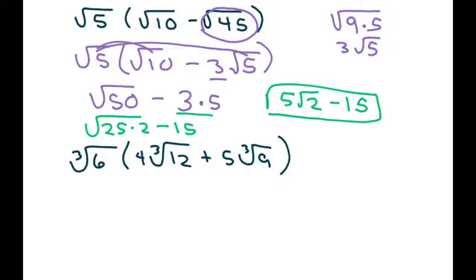Okay, on this one, I'm going to go ahead and just multiply through because all of these are cube roots. So I have 4 cube root of 72 plus 5 cube root of 54.